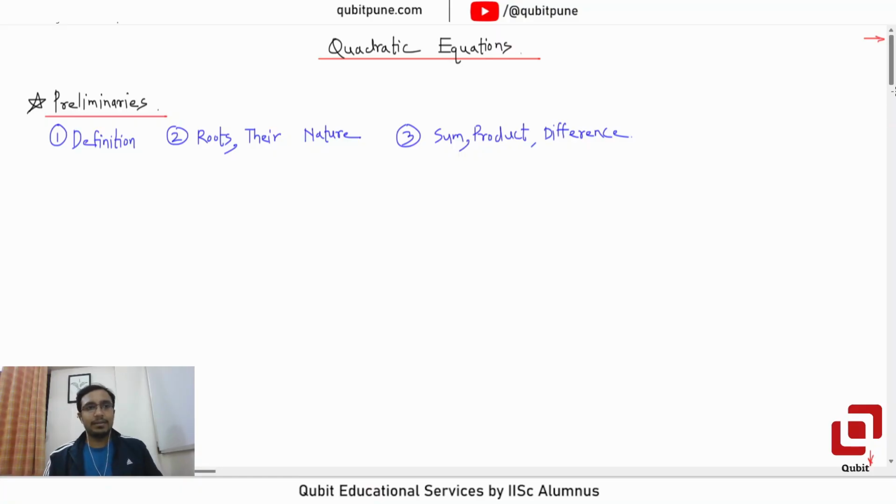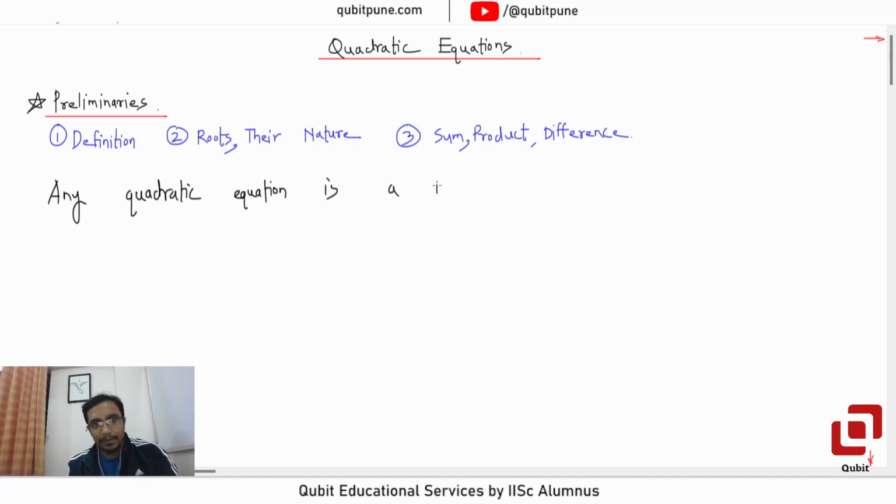So let us start with the preliminaries. Quadratic equations belong to a family of equations called polynomial equations, right? So any quadratic equation is essentially a polynomial equation, correct?